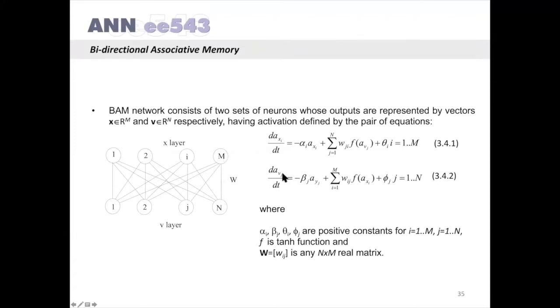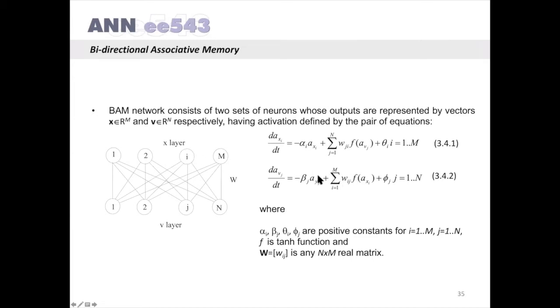For a neuron in the layer V, the time derivative of the activation of neuron j is equal to minus beta j multiplied by the activation of that neuron itself, plus we have a summation i from 1 to m. We are considering all neurons in the layer X, and on the activation of neuron Xi, we are applying the output function, so this corresponds to the output of the neuron i in the X layer.